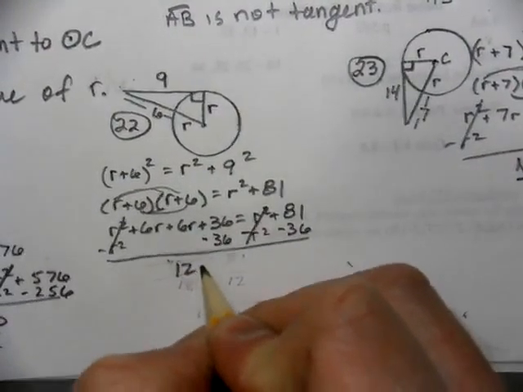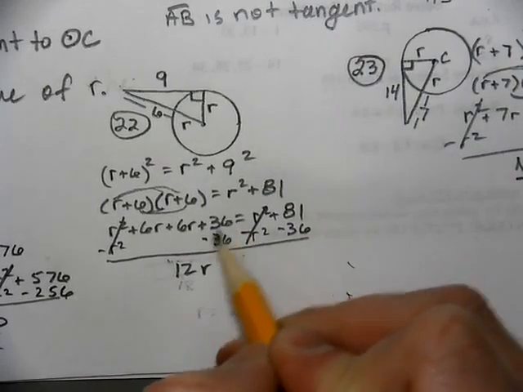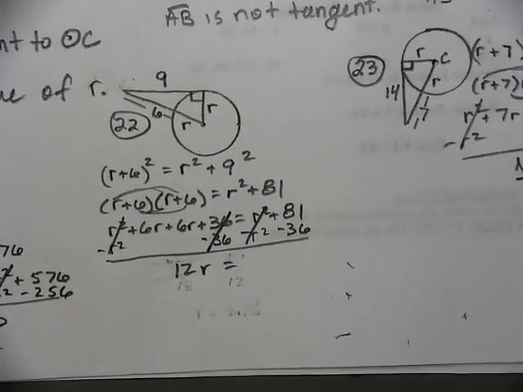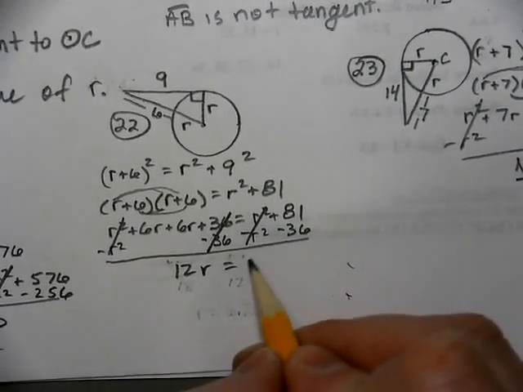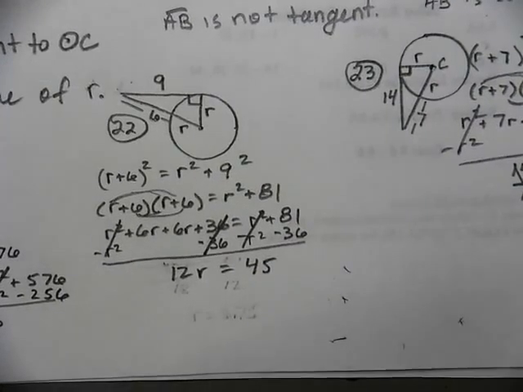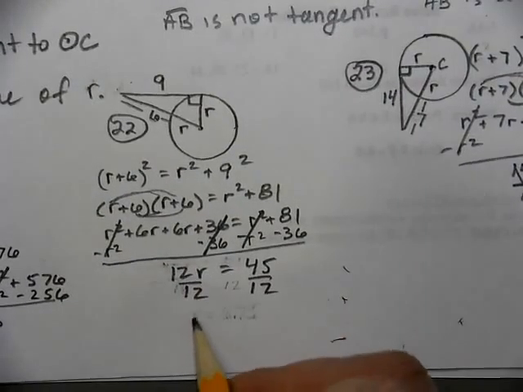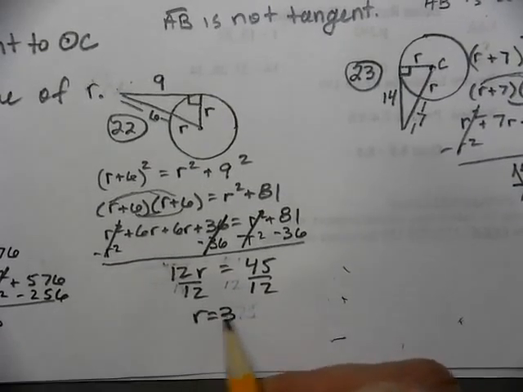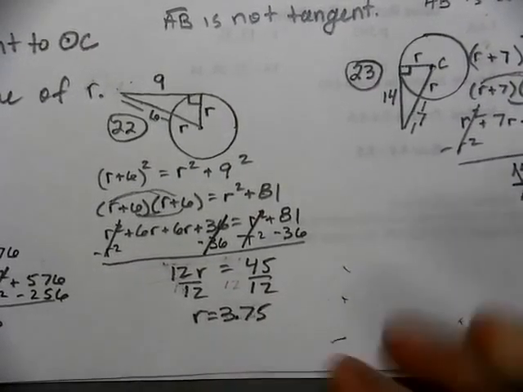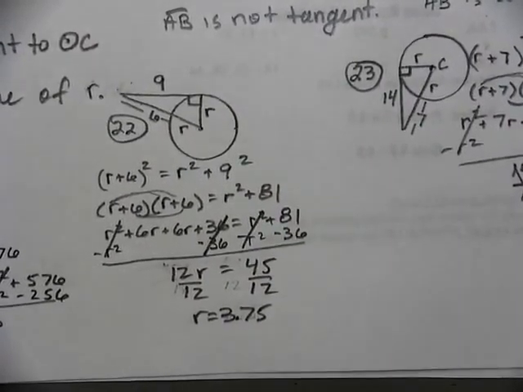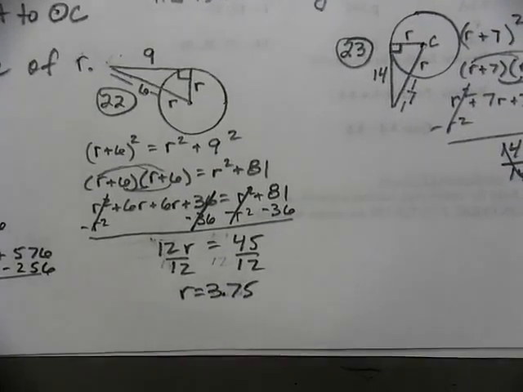So we have 12r. This guy crosses out completely. We have 81 minus the 36 to get 45, and we'll divide that by 12. And we'll get 3.75, not 6.75. Sorry about that.